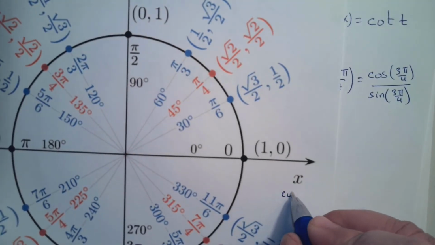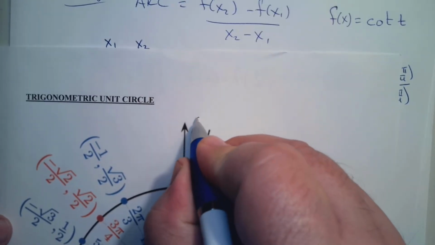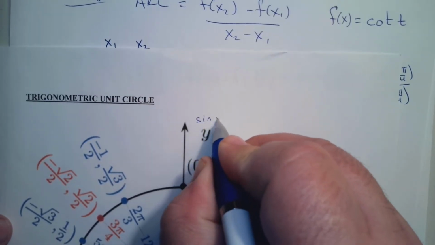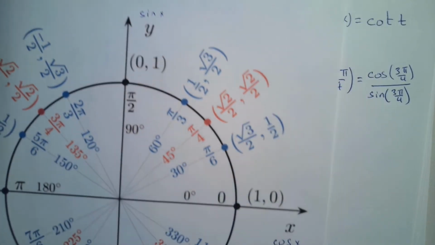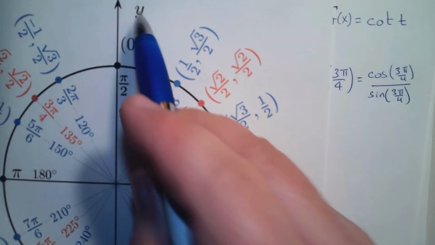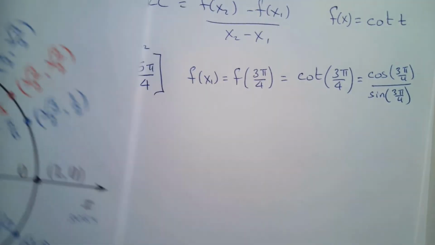So this is the cosine, and this is the sine. Easy way to remember that is x comes before y, c comes before s. So that's the easiest way to remember that.